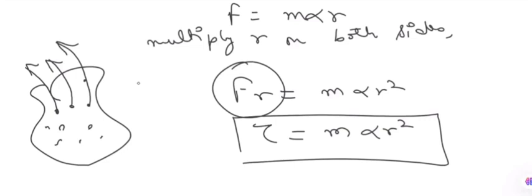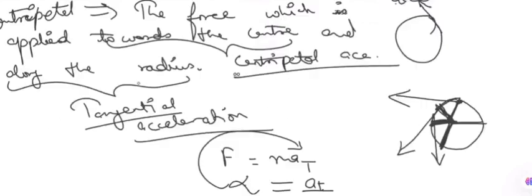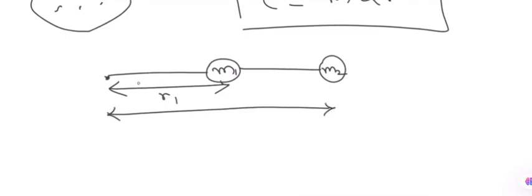Now consider the body which is given over here. Suppose we had discussed here with only one mass. Now let's discuss with two masses. Suppose this is my point, and from here, this is my M1 mass and this is my M2 mass. Let's say this is at distance R1 and this is at distance R2, and it is performing an acceleration over here.